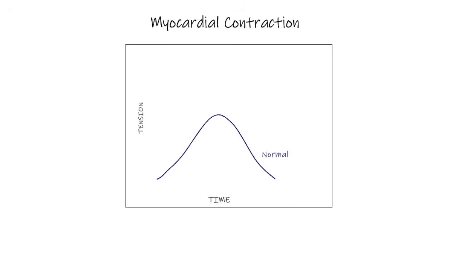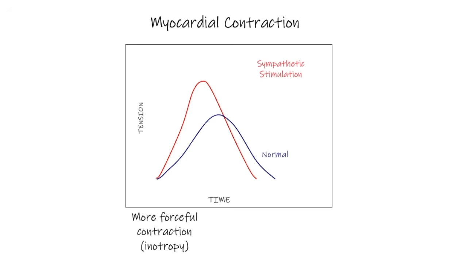If we sympathetically stimulate the cardiac muscle, what we see is a more forceful contraction, and this is due to the increased calcium signal that we showed on the previous slide. Additionally, we'll also see that the contraction relaxes much more rapidly, also related to the sympathetic effect on troponin as well as on SERCA.